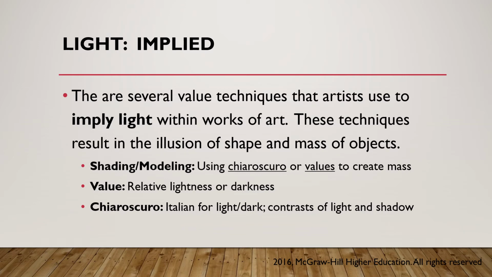The term value means the light or darkness of a particular color. So if we were talking about, let's say, the color red, you could have red, and all of the lighter reds would go up to pink. All of the darker reds would go to a deep dark maroon. And all of those values in between would be ways that an artist could create the modeling or the illusion of the form. The chiaroscuro is the contrast of lights and shadows.